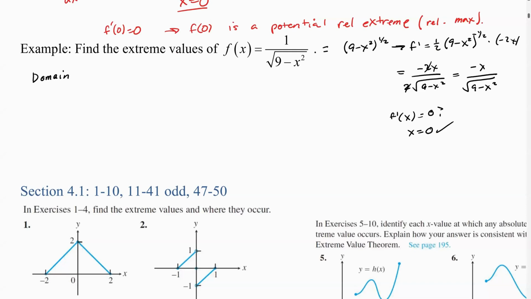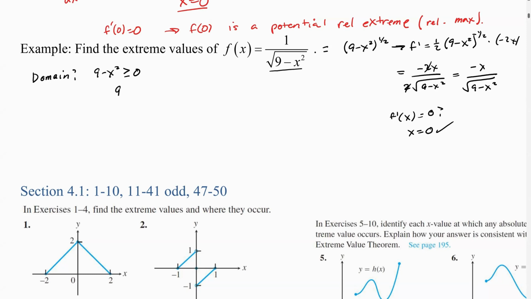Is it an infinite domain, or is it limited? Is it a closed domain, or is it open? Well, let's see. What's going to keep this function or this derivative from existing? Oh, square root. Things inside the square root have to be greater than or equal to 0.